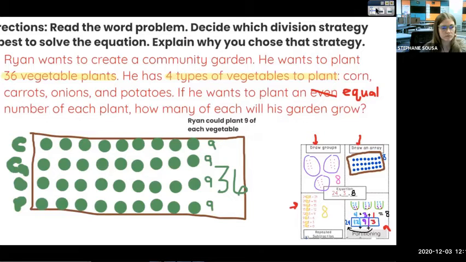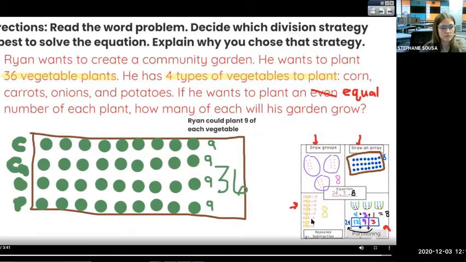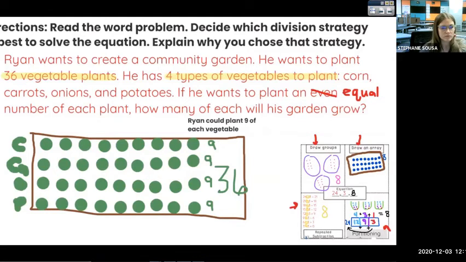And that's it. So today, you'll read a word problem and you'll decide which strategy does that look like in real life? Which strategy makes the most sense to use? You'll also record your voice explaining why that strategy makes sense for the situation.